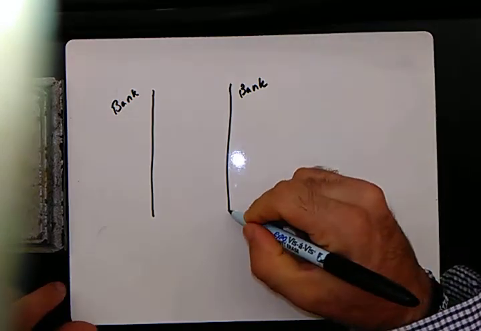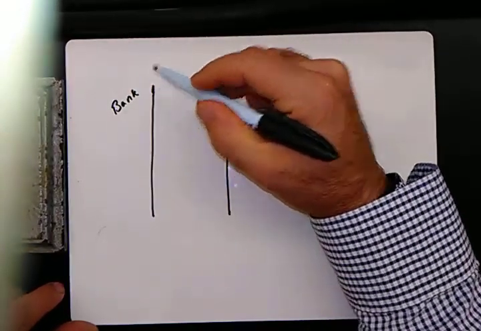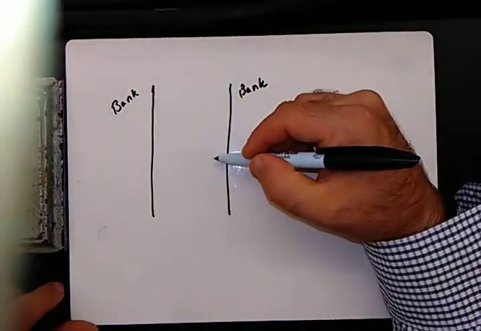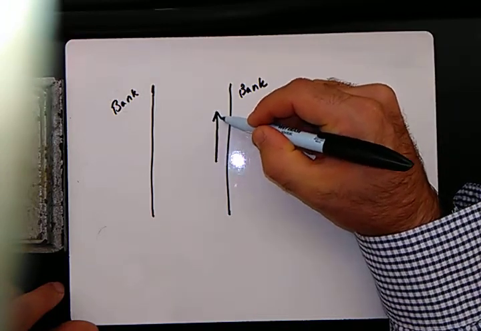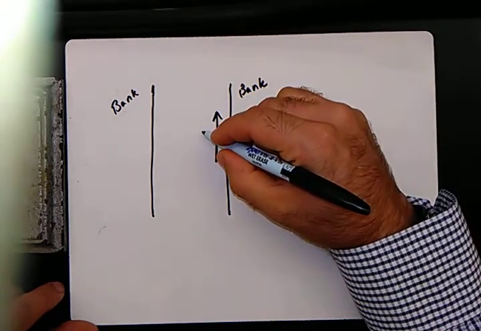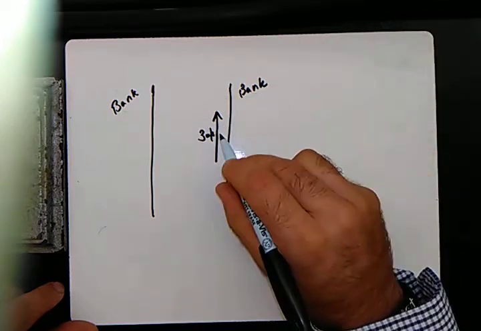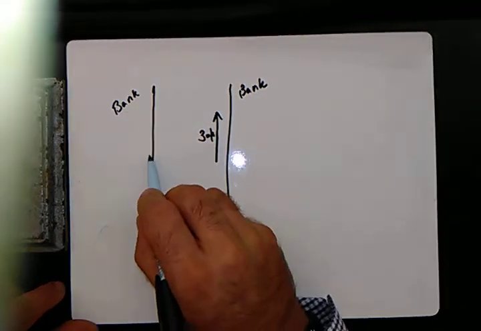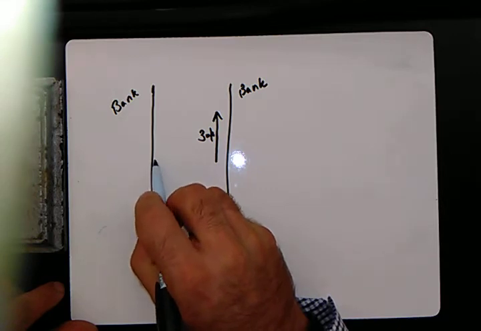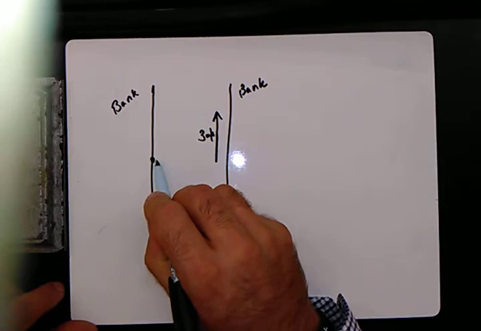Don't let it scare you. All it is this. Okay, if we have a river that's flowing 3 meters per second north, and we have a person that wants to jump into the river here, right about here, and start swimming across the river.